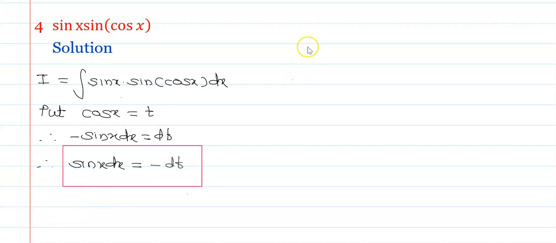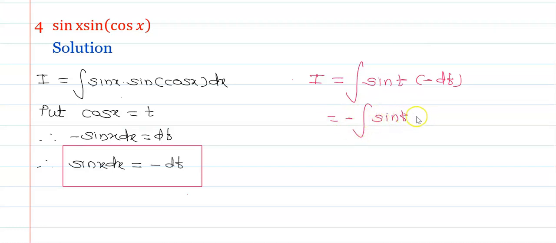Therefore I is equal to the integral of sin x dx, that is minus dt, and cos x is t, so I write sin of t times minus dt, that is minus sin t dt.